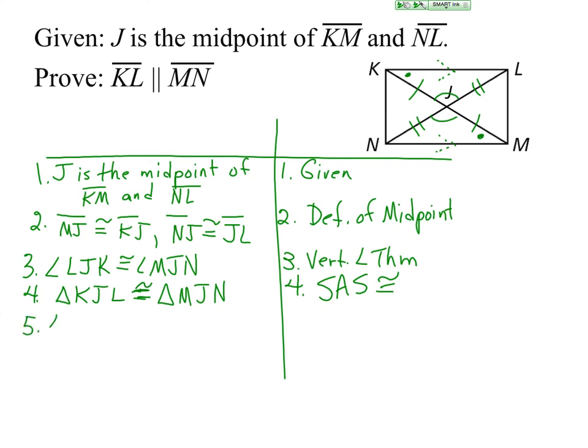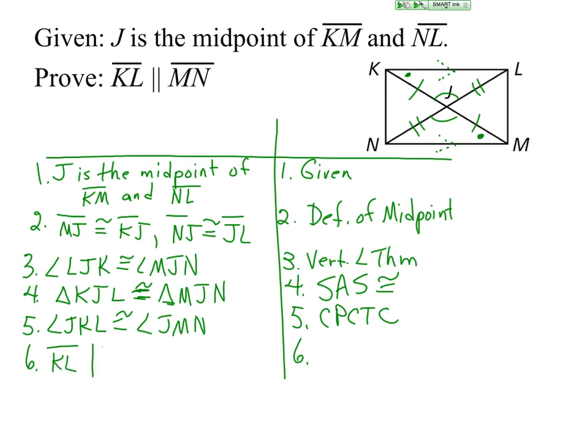I can't just say angle K though, so I've got to do the three letters. So line 5, angle JKL congruent to angle JMN, reason? CPCTC. We're not done there. Can't we now say segment KL is parallel to segment MN because of, no, not CPCTC. That says they are congruent.